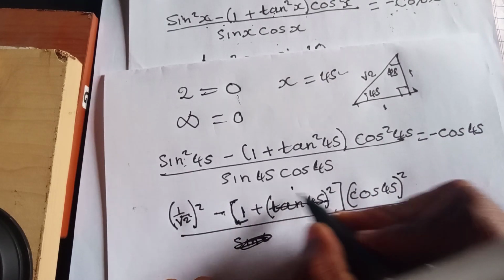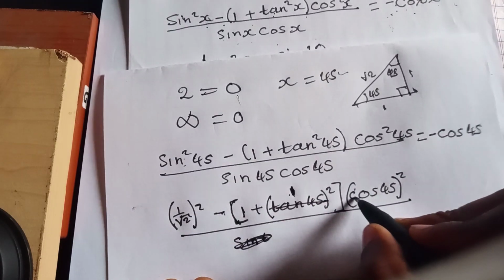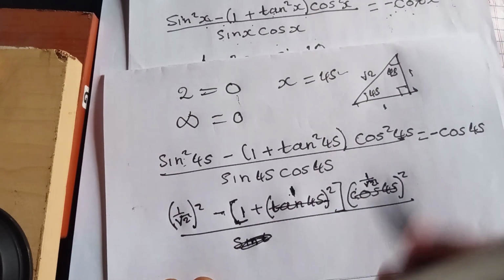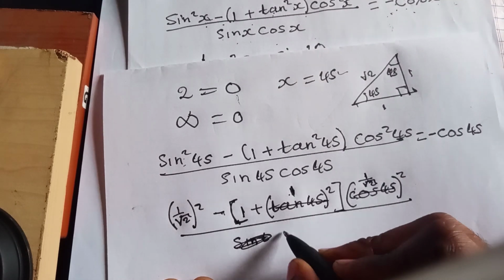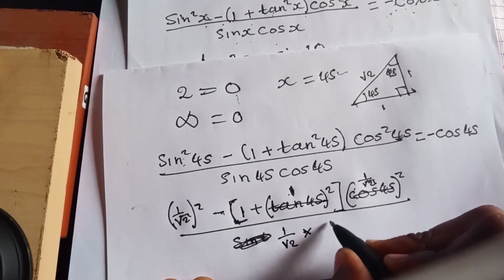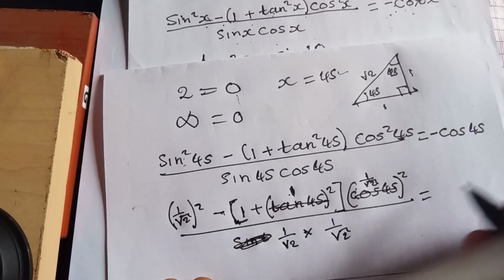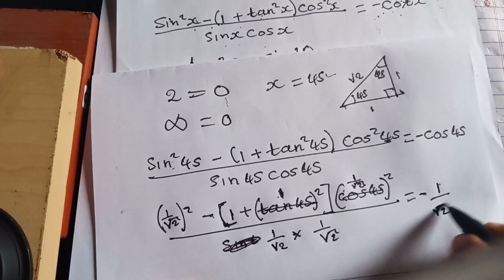So tan 45 is just 1, and then cos 45 is the same as sin 45, so it's equally 1 over 2. Then on the denominator part, we have 1 over 2 multiplied by 1 over root 2. Then this side we have 1 over root 2.